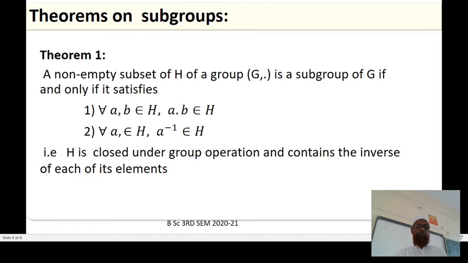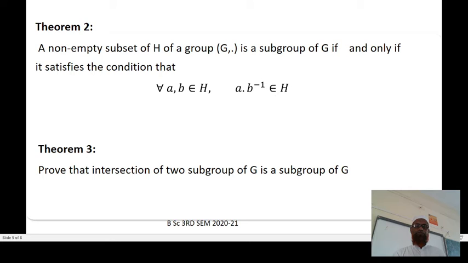So it gives an equivalent definition of a subgroup. For every a, b belongs to H, a·b belongs to H means the closure property, and for each element a belongs to H, a inverse belongs to H, the existence of inverse.